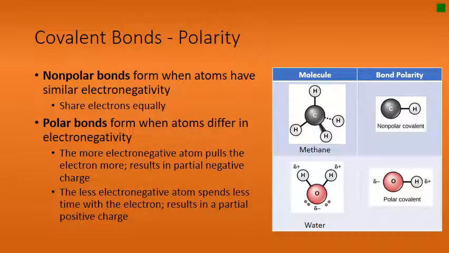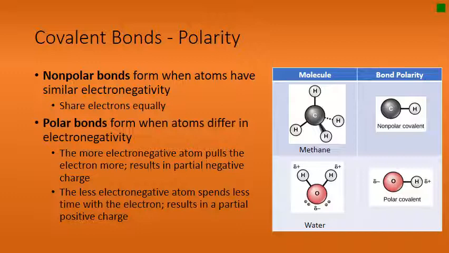Nonpolar covalent bonds form when the 2 atoms sharing the electrons have similar electronegativities. They need to be within 0.5 electronegativity units of each other. In that case, the electrons are shared equally, and the distribution of the electrons in that bond is very symmetrical. But polar bonds form when the atoms differ in electronegativity.